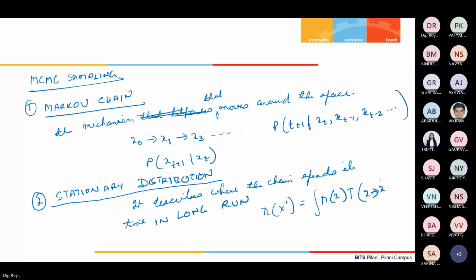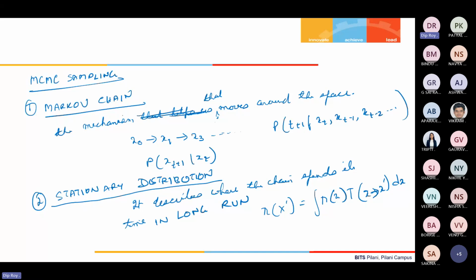Not negative. Yes. So it is saying that ultimately, when you transition from one state to another, your distribution will remain the same. And that's where we say we have reached a stationary distribution.